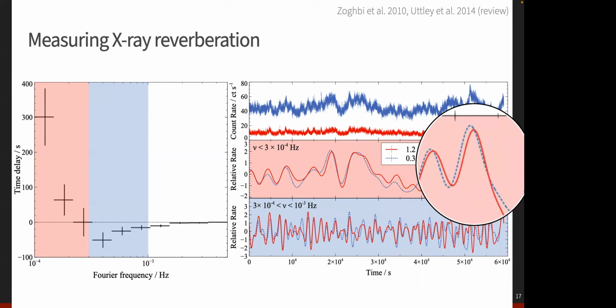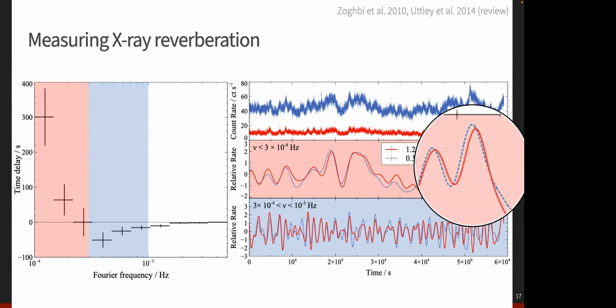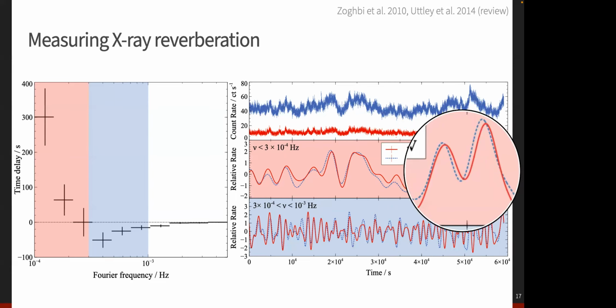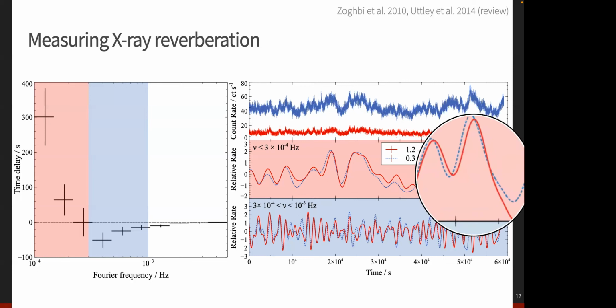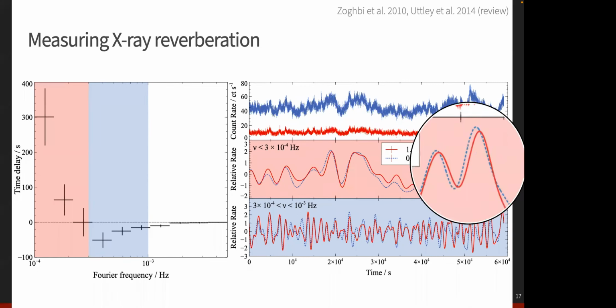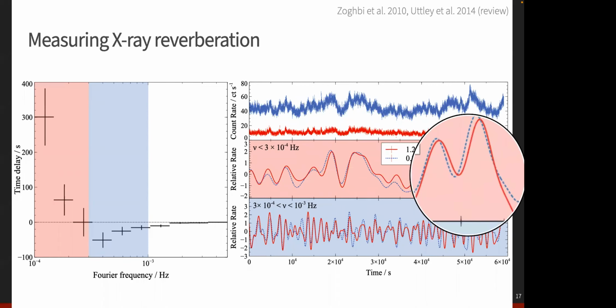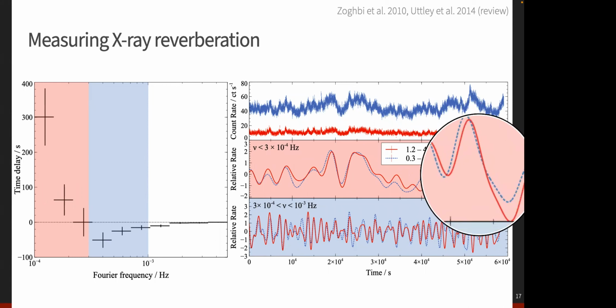The peak of blue is coming later than the red. No, the peak of the red here is... Yeah, so if you look at the rise here, the rise from that minimum to that maximum, you can see the red is to the right of the blue.